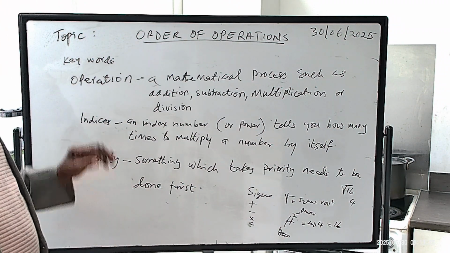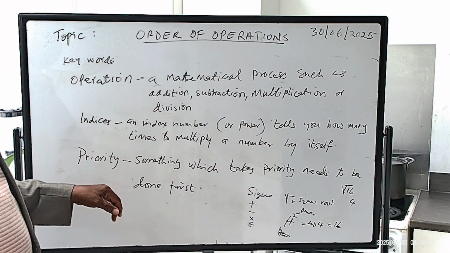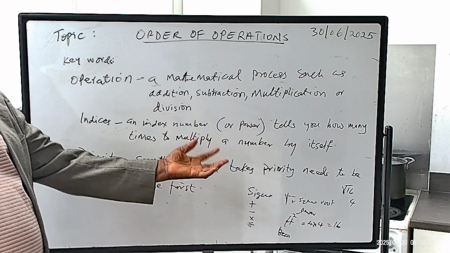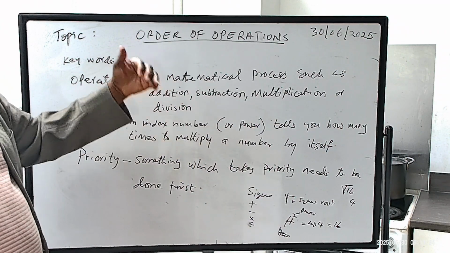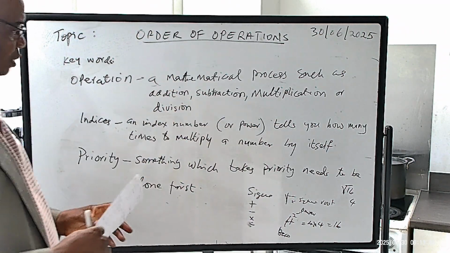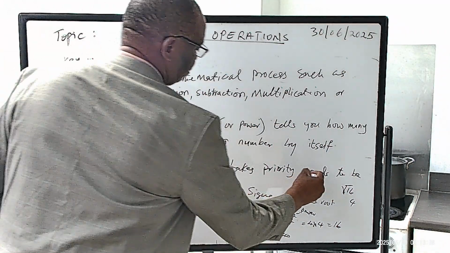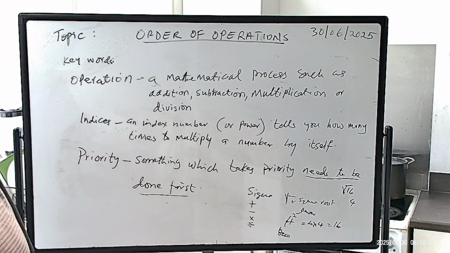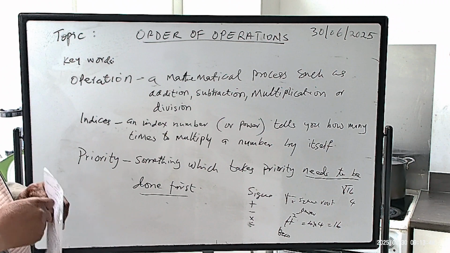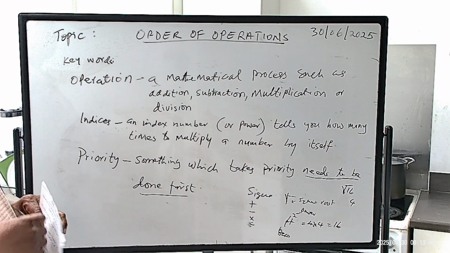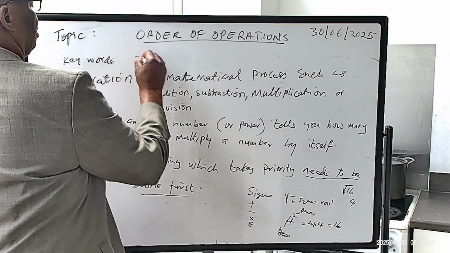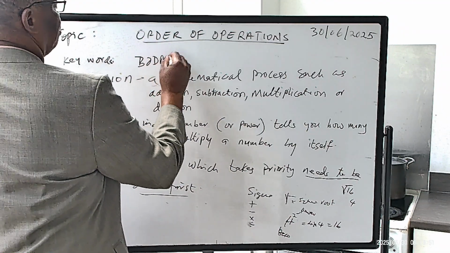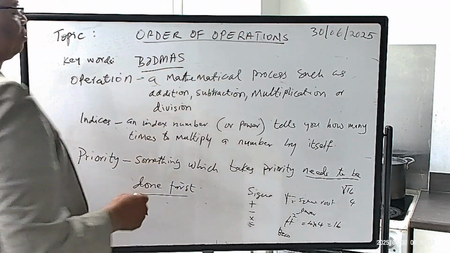Now, here we want to talk about priority. Something which takes priority is something that needs to be done first. I hope many of you have heard the word BODMAS. Those days, we say BODMAS, we just abbreviate it.